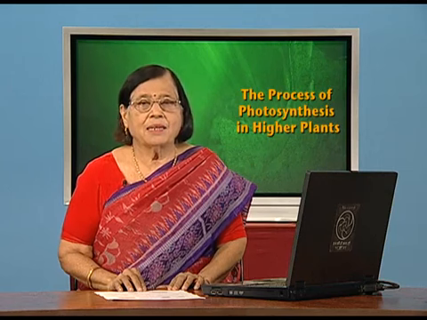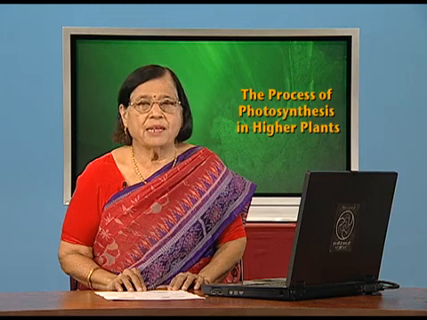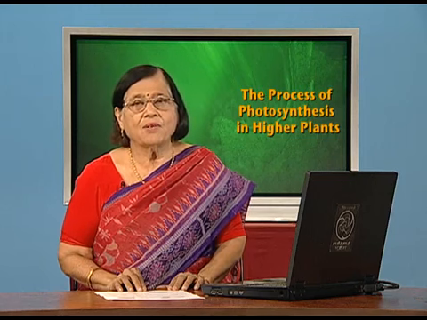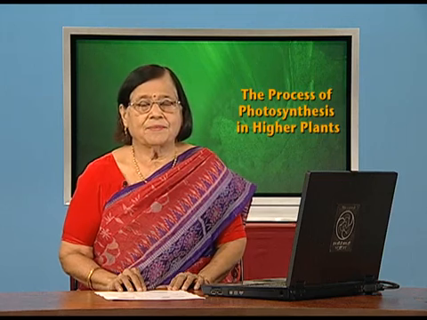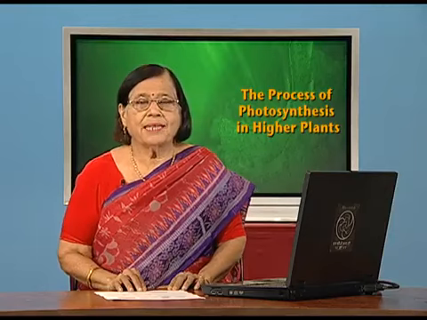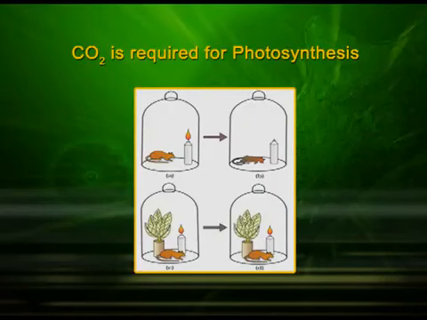Now, this mint plant is consuming this carbon dioxide given by the rat and the candle and giving out oxygen instead. So, in the second bell jar you can see the rat did not die and the candle also did not stop burning, because oxygen was made available to the candle and to the rat by this mint plant.